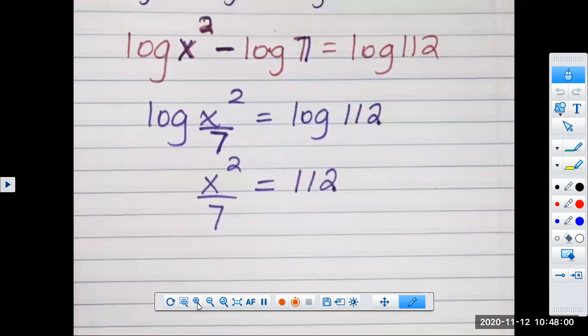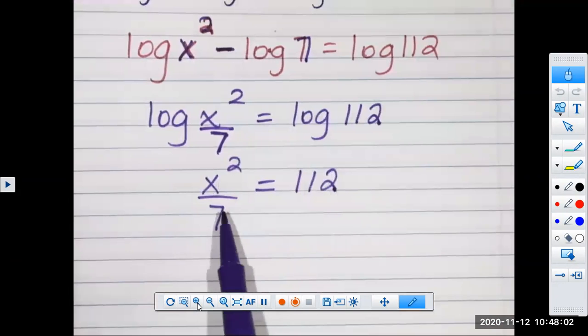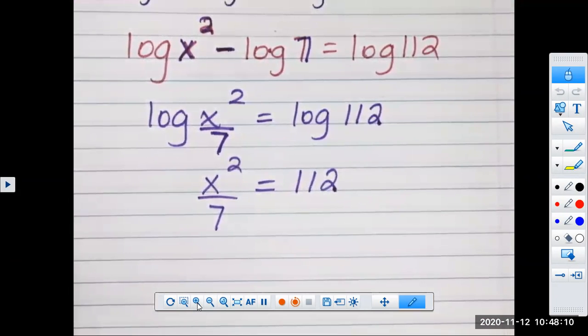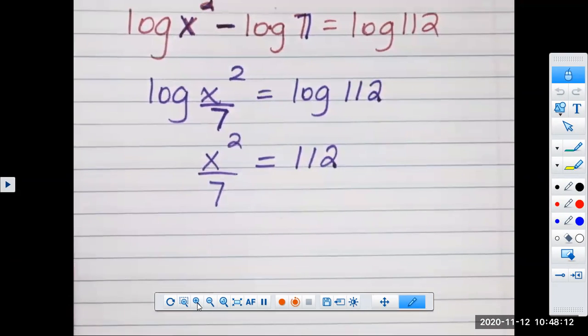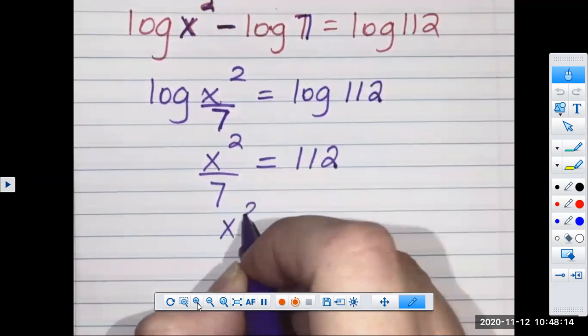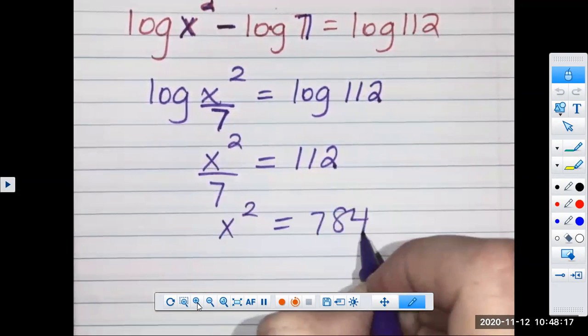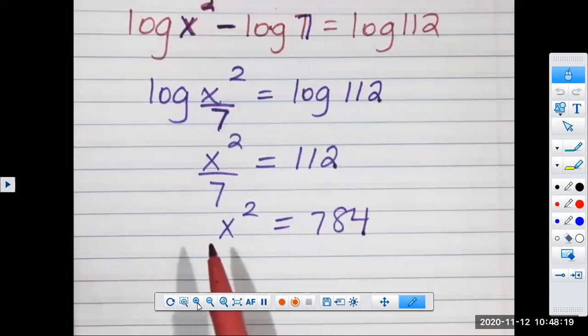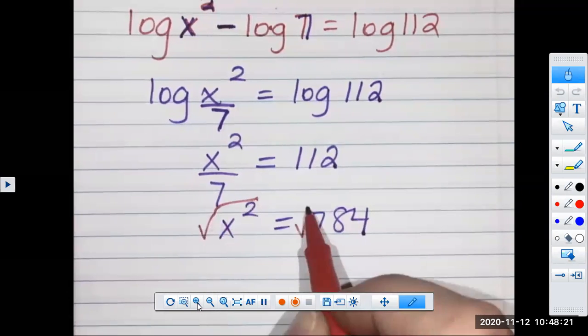You can now set those expressions equal. So x squared divided by 7 will equal 112. And then start solving for x squared. So you get x squared equals 784, and take the square root of both sides.